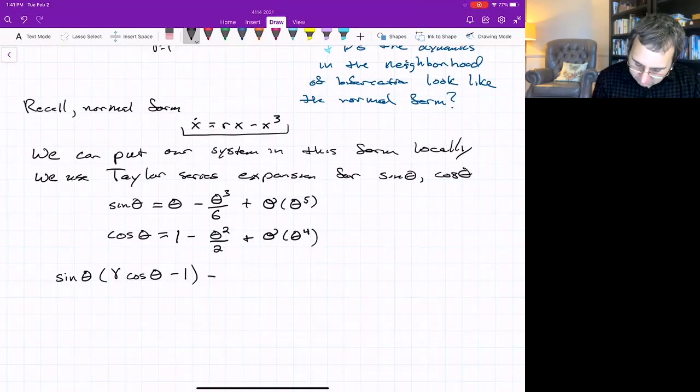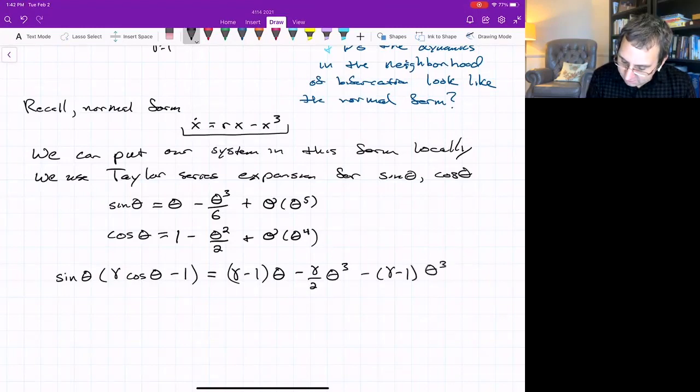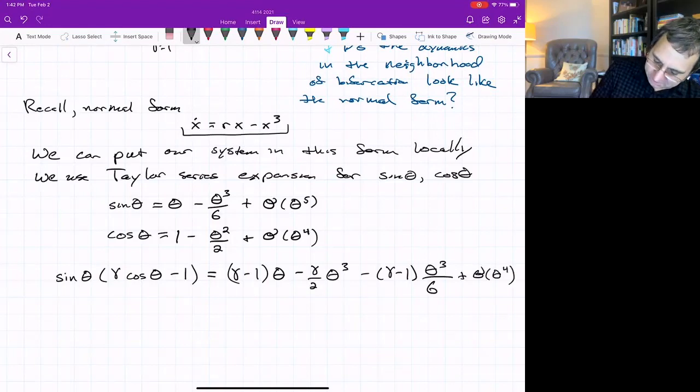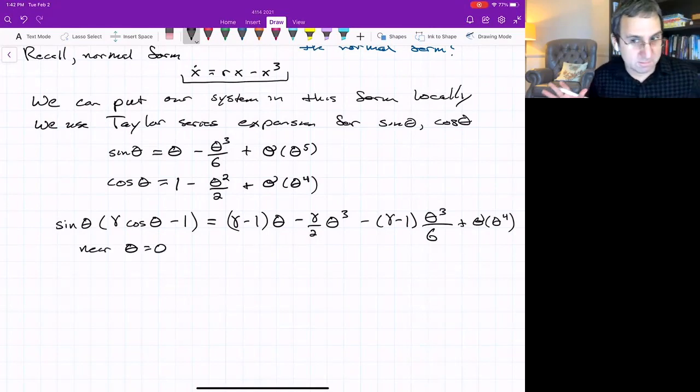And this can be written using these Taylor series expansions as gamma minus 1 theta minus gamma over 2 theta to the third minus gamma minus 1 theta to the third over sixth plus some other terms of order fourth and higher in theta. There's no second order terms. And this is, of course, near theta equals 0, which is where the bifurcation happens.